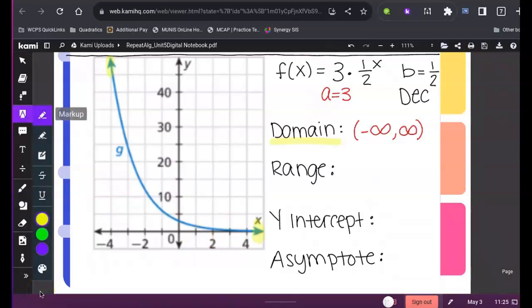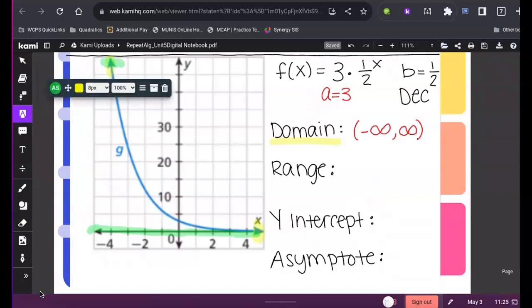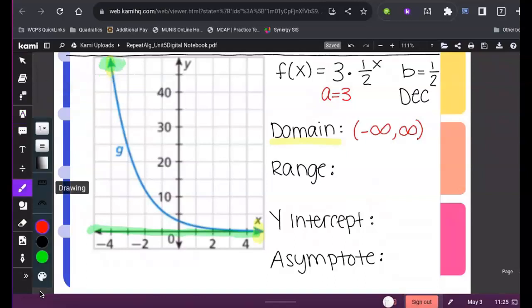All right, range, I'm going to change my highlight color. So I'm going to go from the bottom of the graph, which is this whole line down here, doesn't go past that line, and then the top of the graph, which ends up on an arrow. So the bottom of my graph is at 0. I don't go below 0. That's the lowest y value.